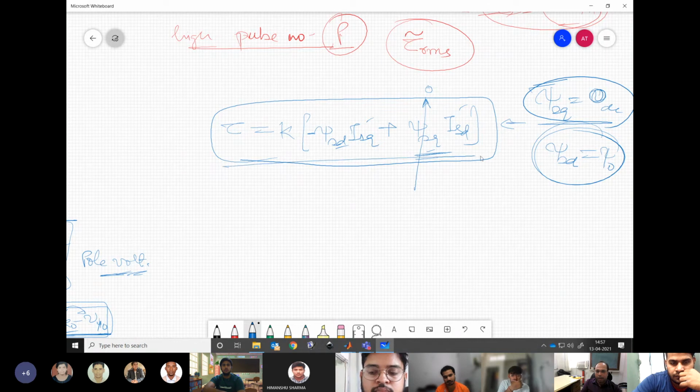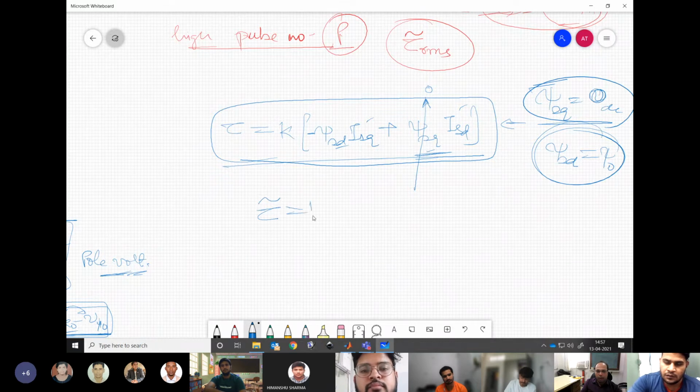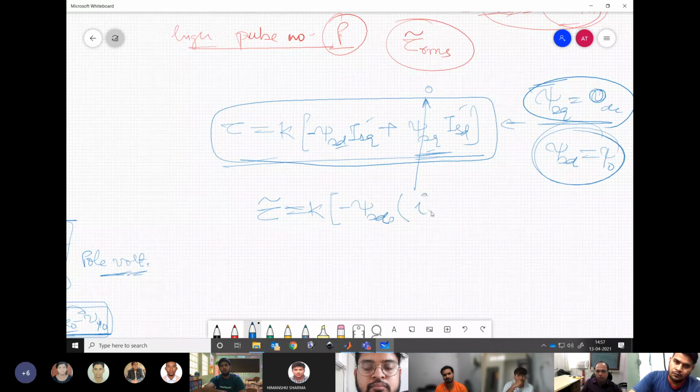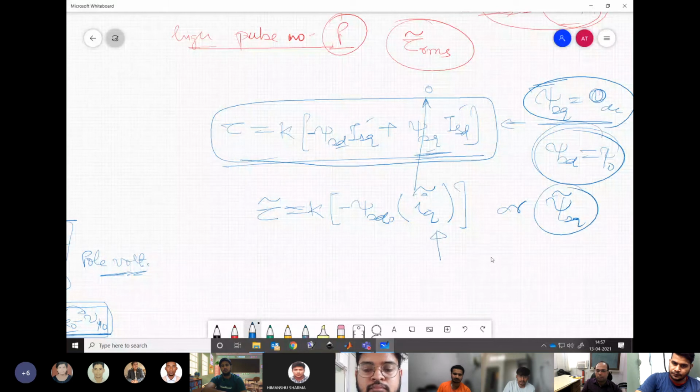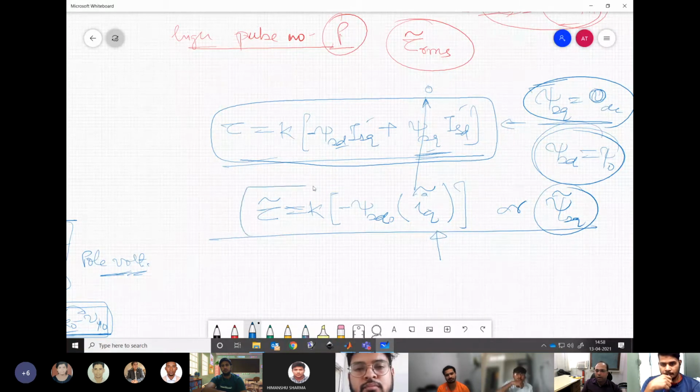So what happens ultimately when we do all the computation and simplify this in terms of ripple and DC quantity, what we come up with is that your torque ripple is basically proportional to your DC flux on the D axis side, and somehow proportional to your Q axis current or Q axis flux, apart from a few other terms which I have not mentioned here.